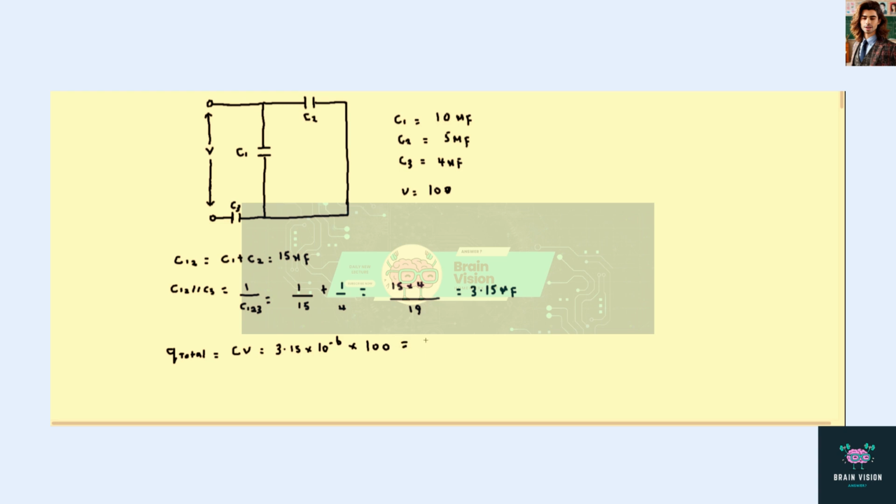Inputting that into your calculator, we know Q is equal to 10 to the negative 4 coulombs. So that's the total charge in the capacitor.